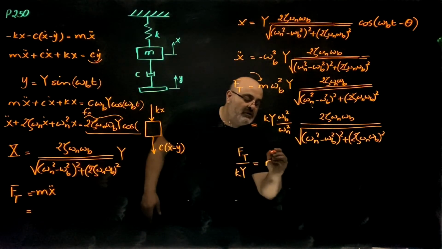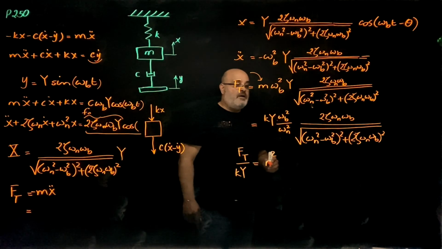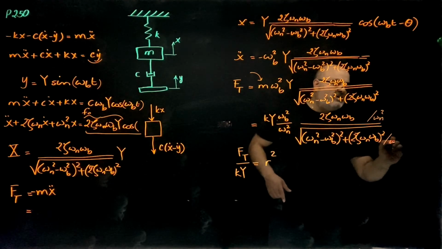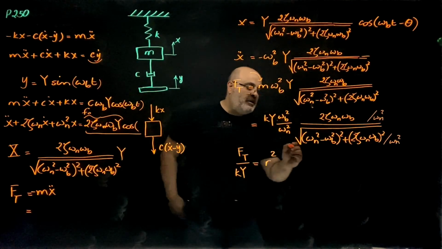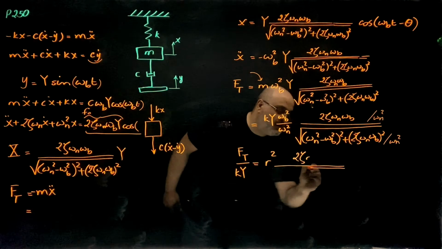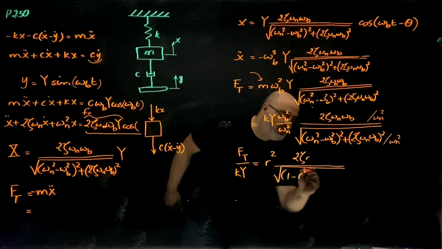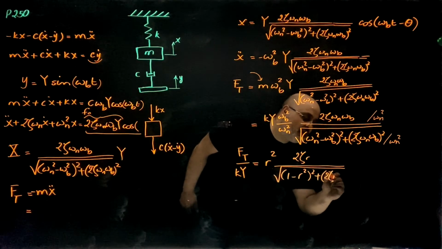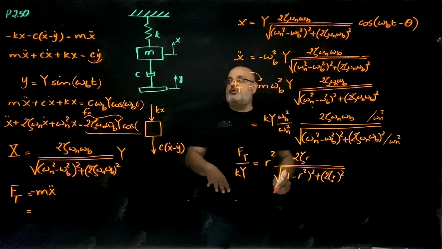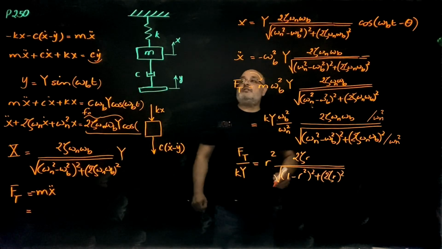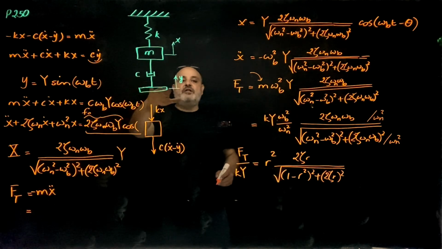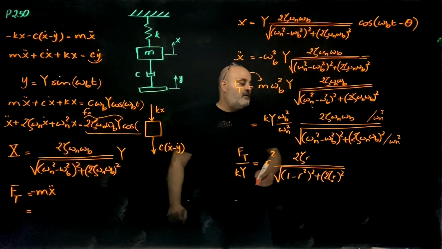I'll have r squared, and then dividing by omega n squared in the numerator and denominator, I'll have up here 2 zeta r divided by the square root of (1 minus r squared) all squared plus (2 zeta r) all squared, and this would be the new expression for the force transmissibility in this arrangement, when you have a spring attached to a fixed base and we have another moving base on the bottom of the mass with a damper c.